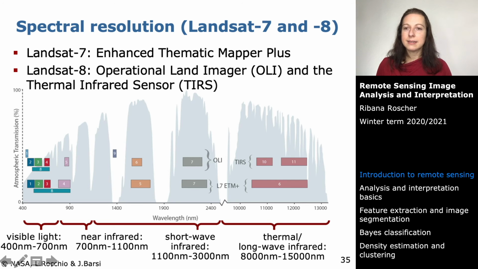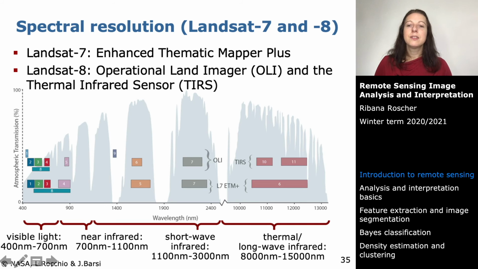Then Landsat 8 has an additional cirrus band, which is good for the detection of clouds, and it has a coastal band, which is useful for imaging shallow water and tracking fine atmospheric particles like dust and smoke. So the coastal band is band 1 and the cirrus band is band 9.